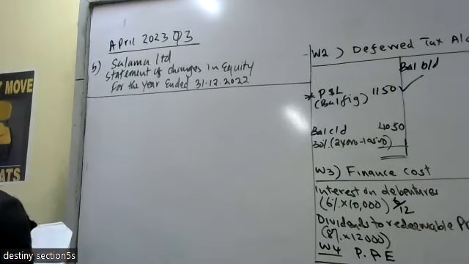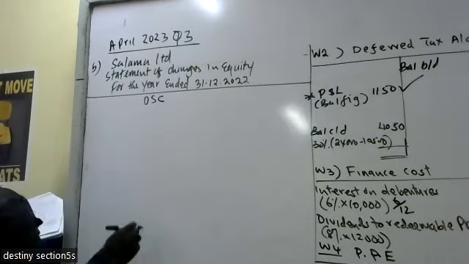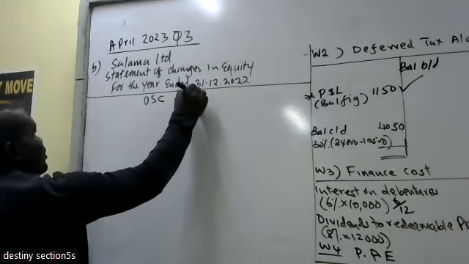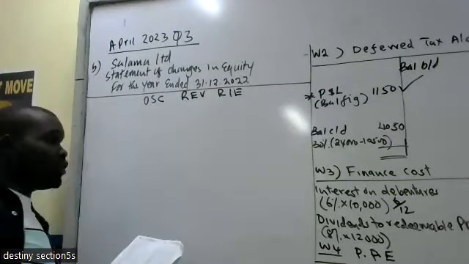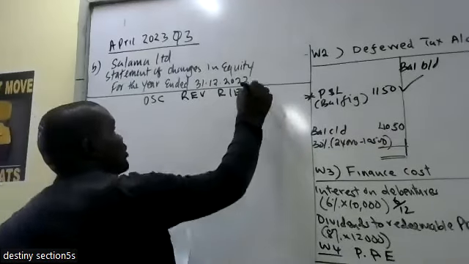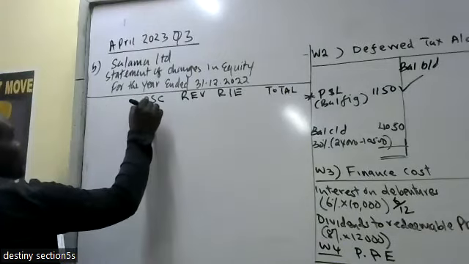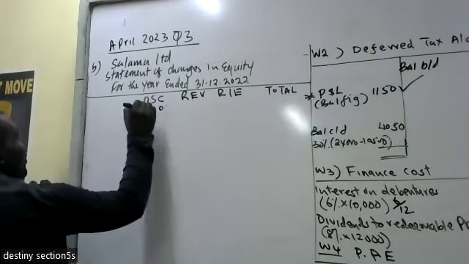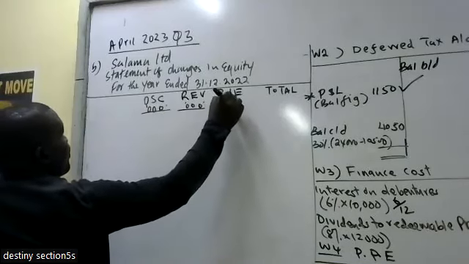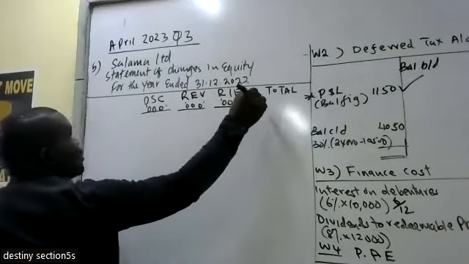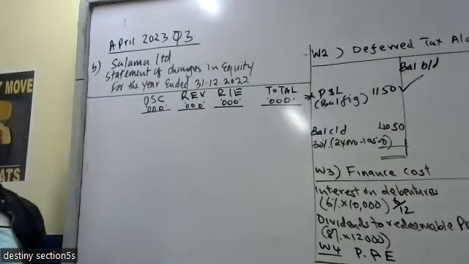I'm seeing ordinary share capital, revaluation, retained earnings, where we are making full, then totals.